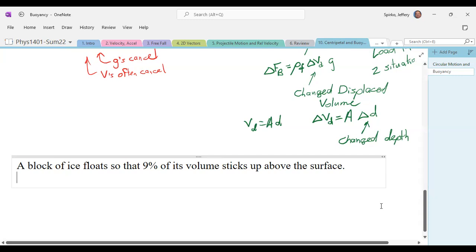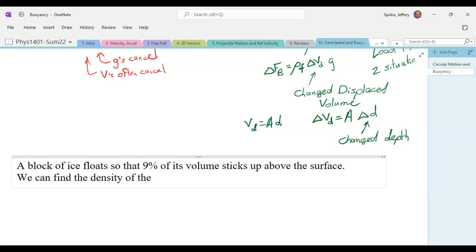So the density of pure water is 1,000 kilograms per cubic meter. This desk I stand in front of every day is about 2 meters wide, 2 meters deep from front to back, and 1 meter tall.